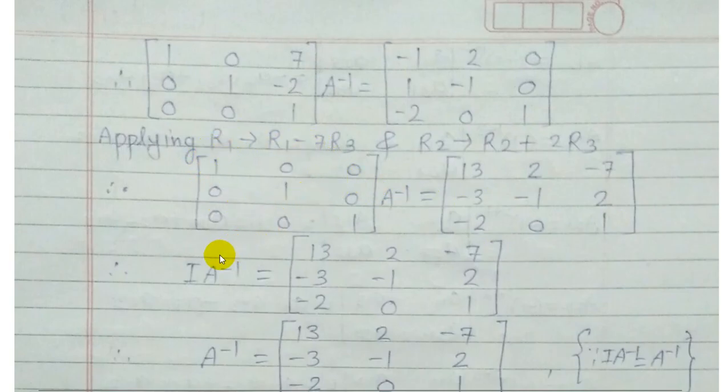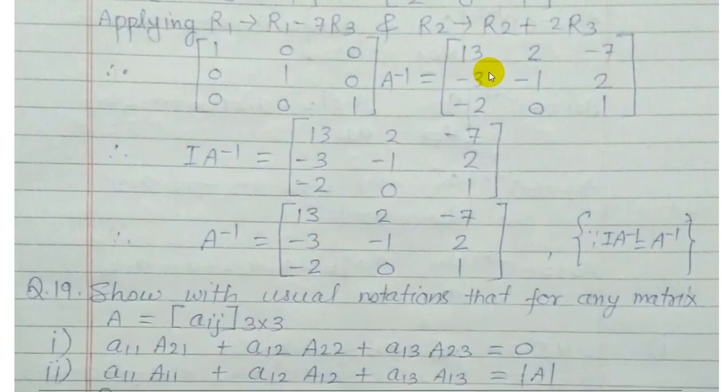So this can be written as I into A inverse equals same matrix here 13, 2, minus 7, minus 3, minus 1, 2, minus 2, 0, 1. But I into A inverse equal to A inverse, therefore A inverse equals 13, 2, minus 7, minus 3, minus 1, 2, minus 2, 0, 1. Since I A inverse equal to A inverse, give the reason.